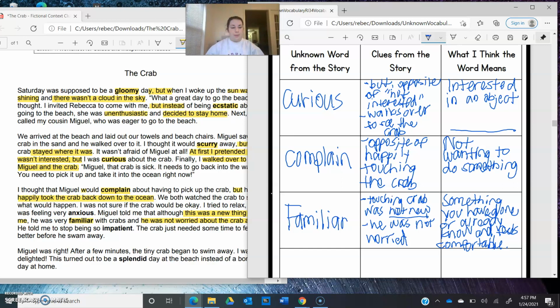Hopefully you wrote a similar answer. Whether you're confused or not, hopefully you've got it and you feel good about it. I want you to raise your hand so I can check your great work before moving on to the exit ticket.